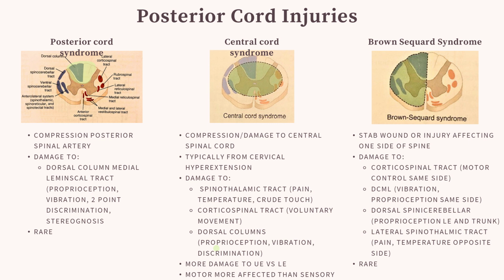And lastly, we're going to have damage to the lateral spinothalamic tract, which is going to be contralateral pain and temperature loss. So that is the key when it comes to Brown-Sequard, is that it's going to have opposite side to the injury, pain and temperature loss below the level of the injury. Again, this is rare when it's in its true form, because it's really hard for someone to damage just one side and not go into the other side of the spinal cord, but it happens.